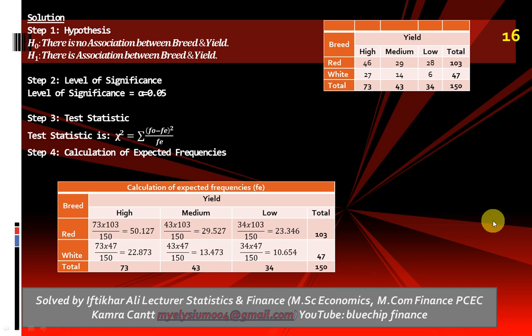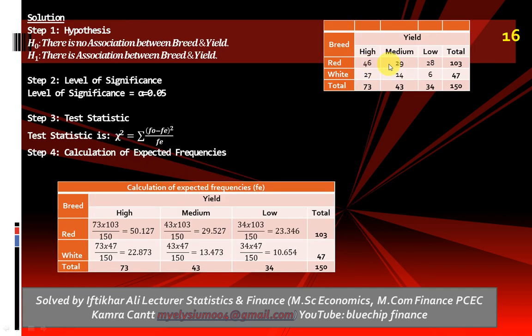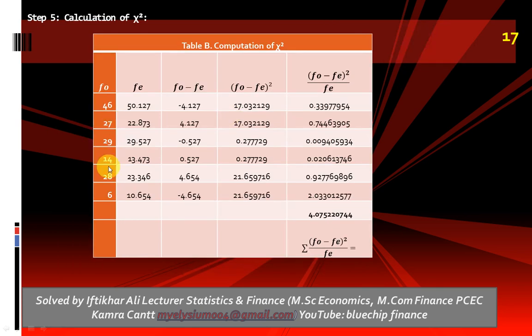So expected frequencies are calculated. After that, we will finally calculate chi-square. So place all observed frequencies 46, 29, 28, 27, 14, 6 here, and in front of each observed frequency, the relevant expected frequency is placed.